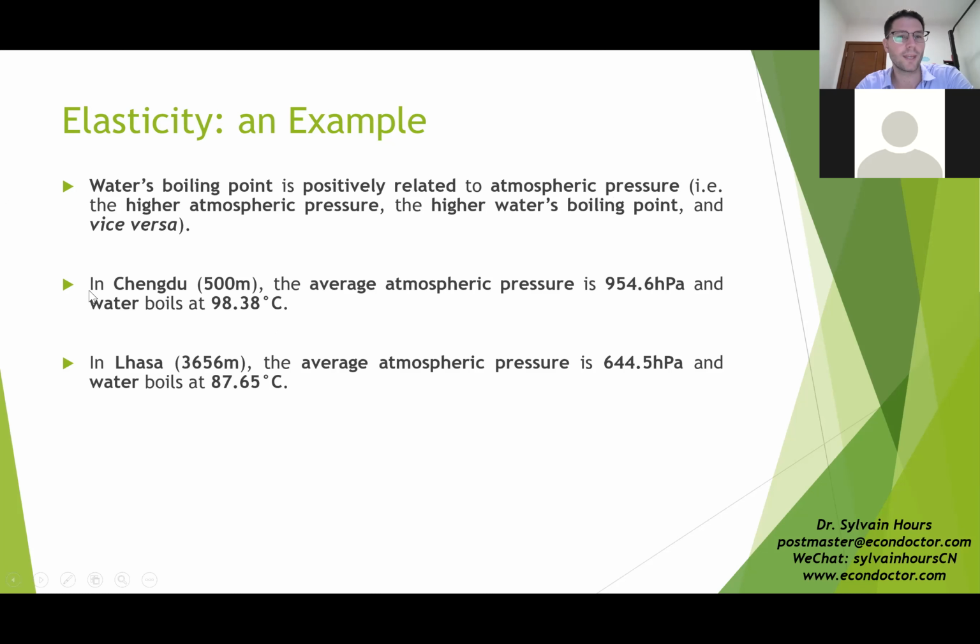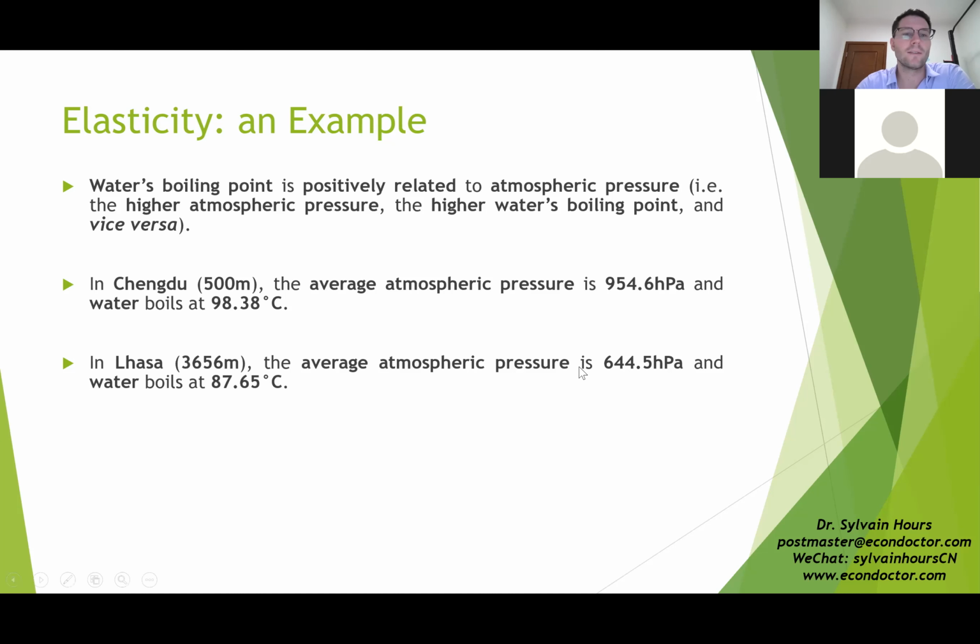Okay, and then I give some data, and actually I looked at the real data, so we can do it for real. I took two cities in China, so Chengdu, capital of Sichuan province, and Lhasa, capital of Tibet. So I give you the average altitude of each city. And therefore, you can also calculate the average atmospheric pressure.